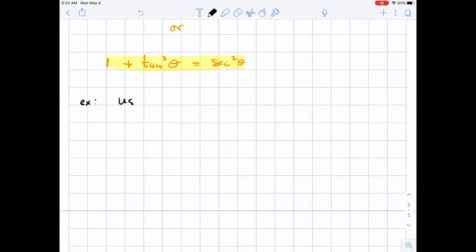Use the condition secant of theta, and this doesn't have to be theta, this could be any letter to represent it. So usually in my notes I have it as secant u is equal to minus 3 over 2, and tangent of u has to be greater than or equal to 0, or greater than 0.